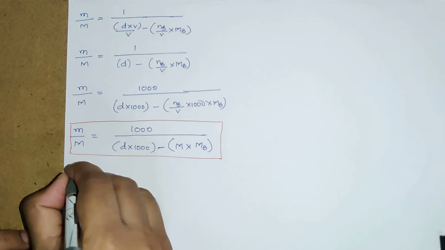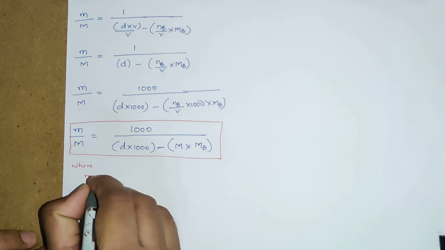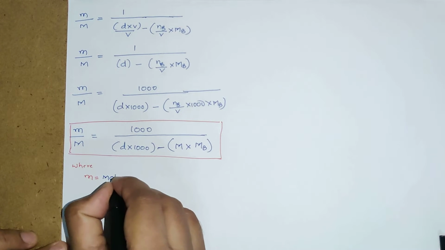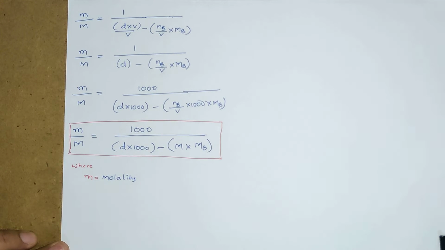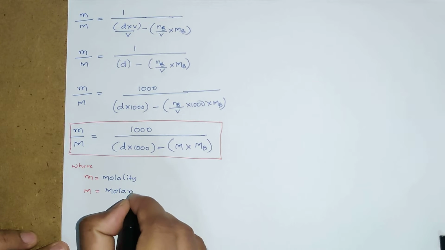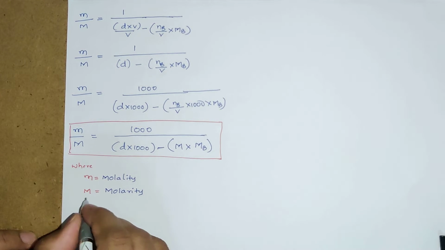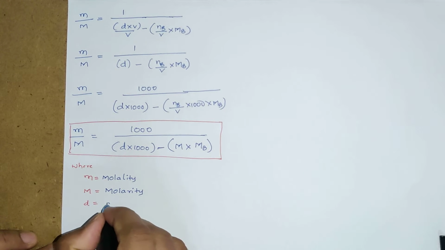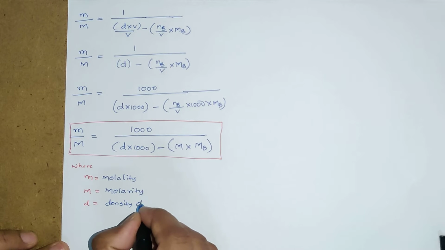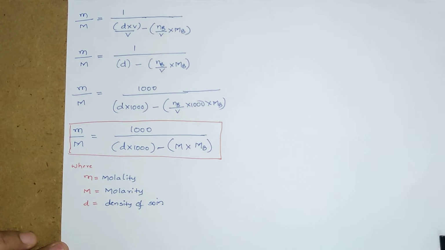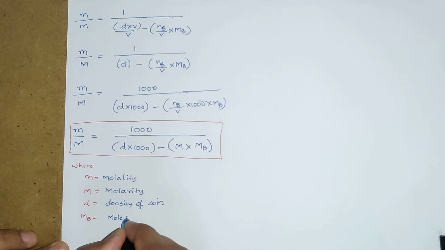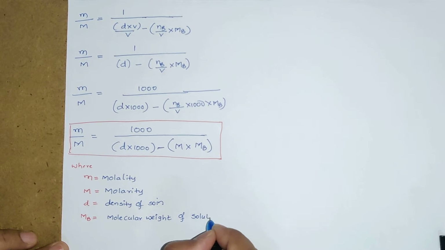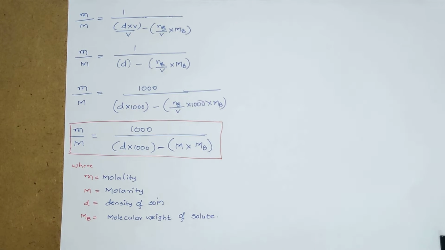Here small m is equal to molality, capital M is equal to molarity, capital D is equal to density of solution, capital MB is equal to molecular weight of solute. This is the relation between molality and molarity.